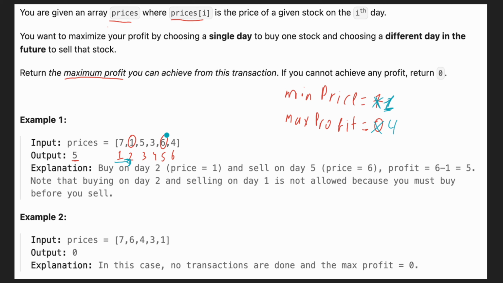Now the next element is 6. 6 minus 1 gives us 5, and 5 is more than our maximum profit, so we are updating our maximum profit to 5. Next element is 4. 4 minus 1 gives us 3. 3 is less than 5, so we are returning 5 as a result.